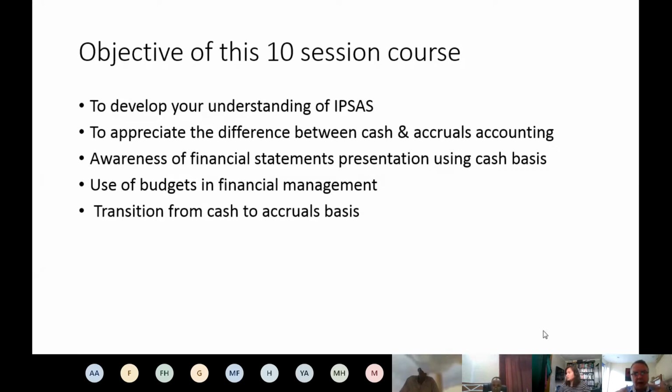That's really, really important over the time together. And appreciate the difference, and this is the big one, between cash and accruals accounting. We're going to go into a lot of detail about this throughout the 10 sessions together, because ultimately you're starting now with cash accounting, and over time you'll be moving towards accruals accounting.